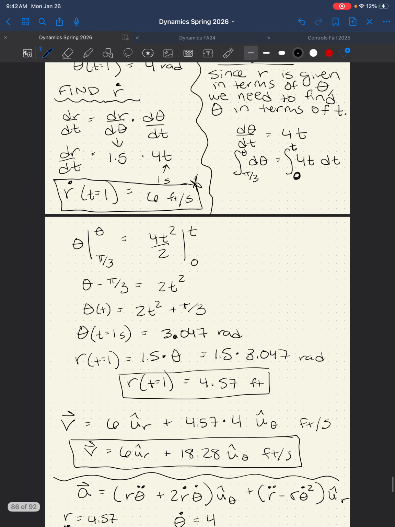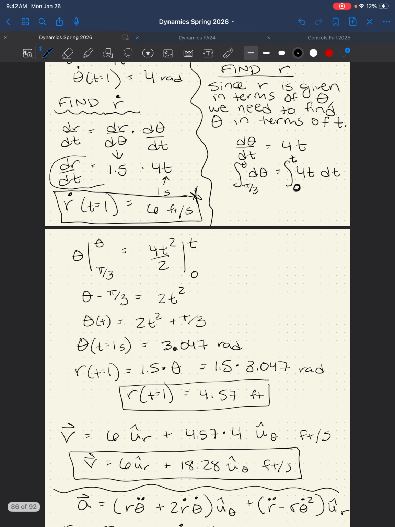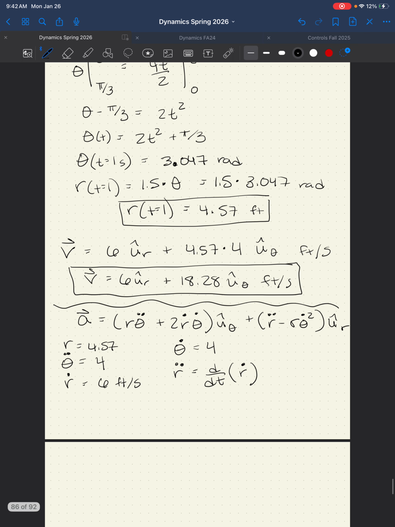What did we find for r dot? We said r dot is equal to 1.5 times 4t. So d/dt of 1.5 times 4t. If I take a time derivative of that, I should just get 1.5 times 4, which gives us 6 feet per second squared.